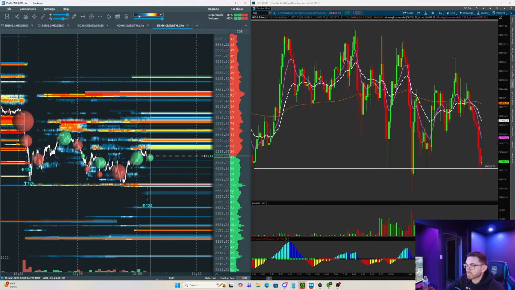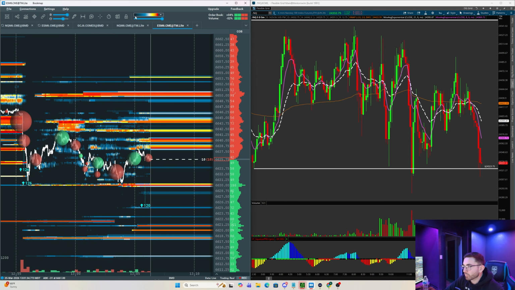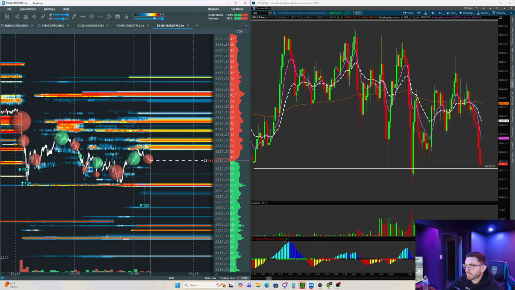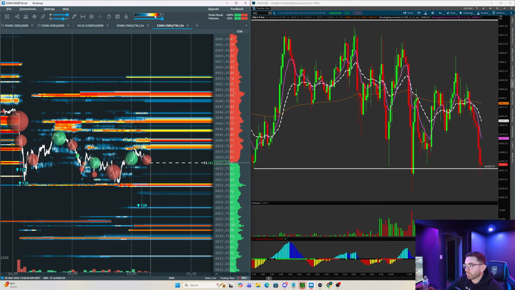If we look up here at this color scale, pretty much all the colors to the left, the least amount of orders, the colors to the right, the more amount of orders are in that area. So if we're seeing dark blue, there's not really a whole lot of buyers or sellers. But if we're starting to see yellow, orange, red, dark red, as we see right here, well, there's a lot of buyers or sellers sitting at that area. So again, the further to the right on the color scale, the more amount of orders, the further to the left, the least amount of orders.